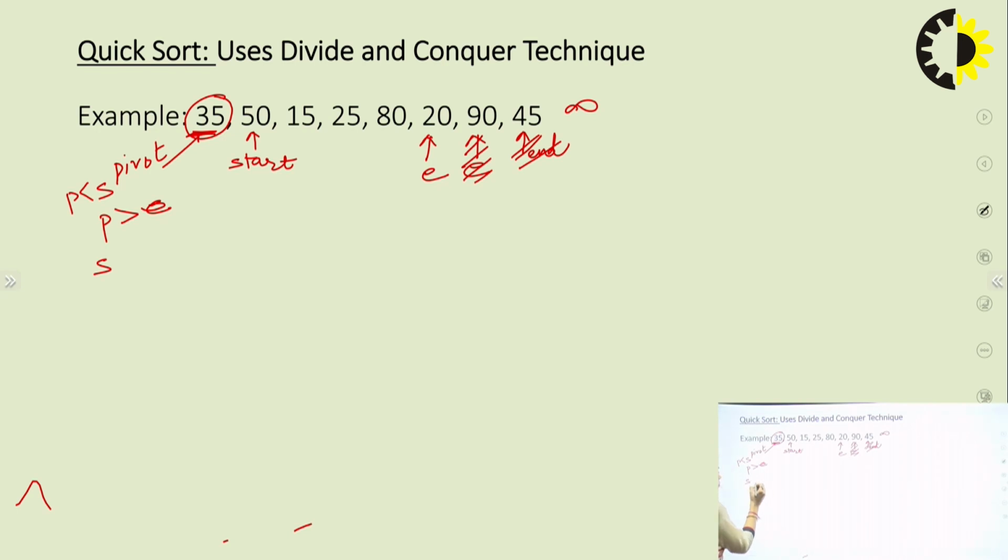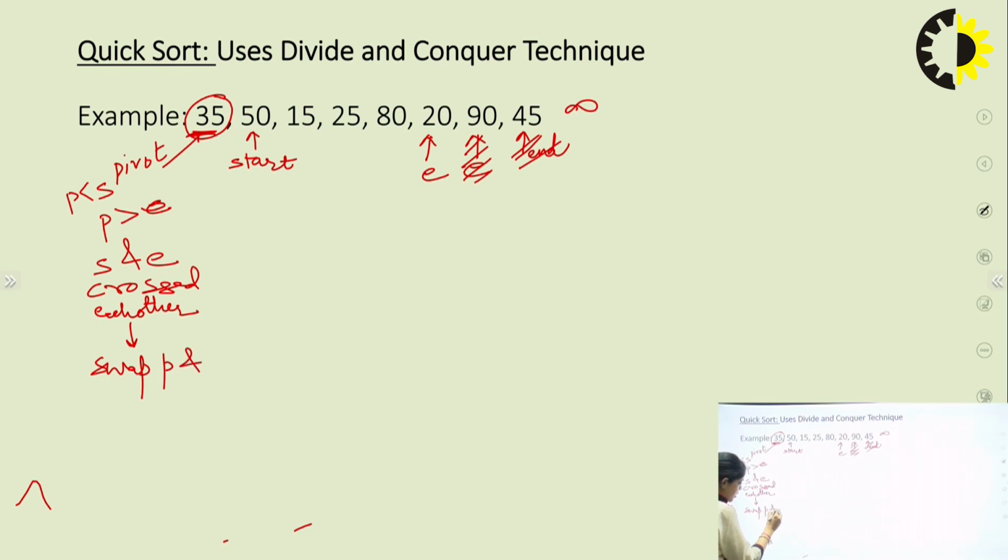If start and end have crossed each other, then we will swap P and E. Otherwise, we will swap S and E. So these are the two conditions.